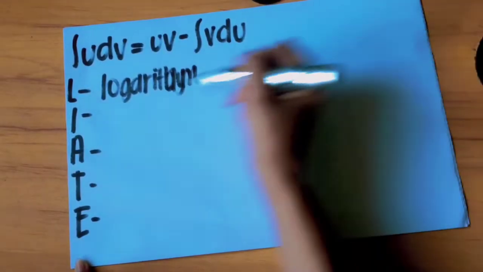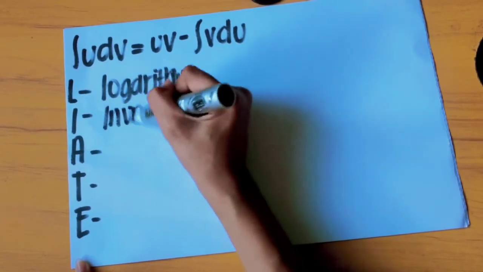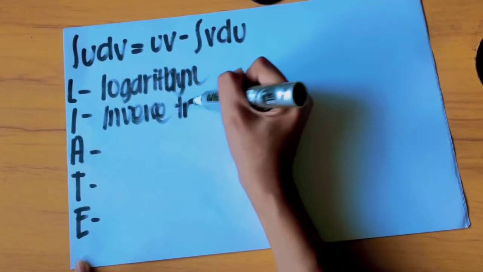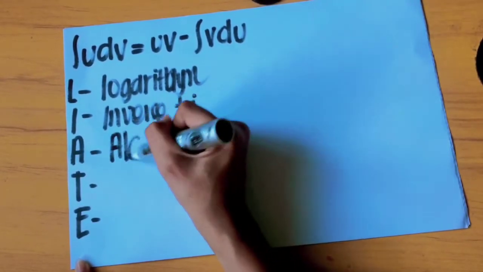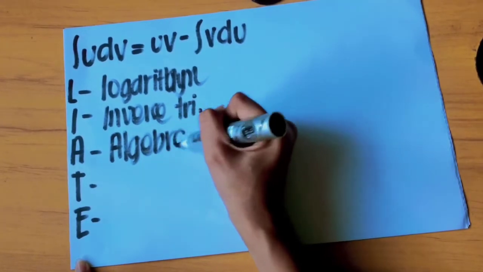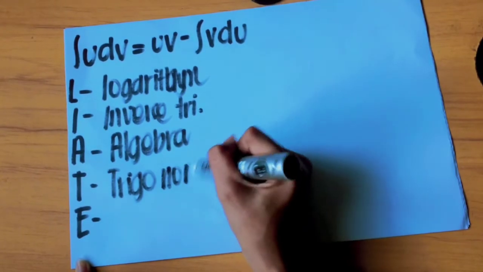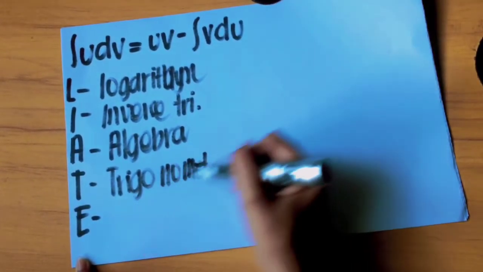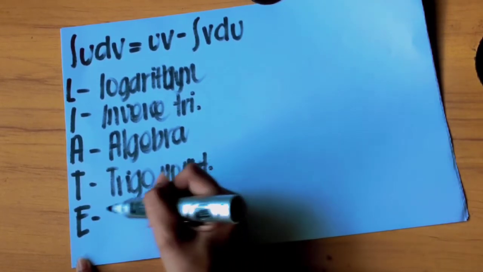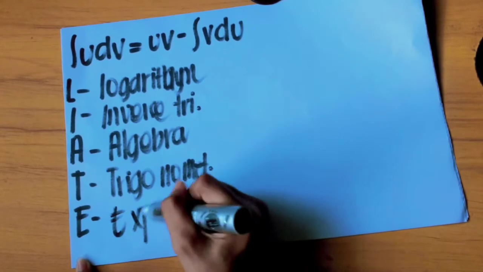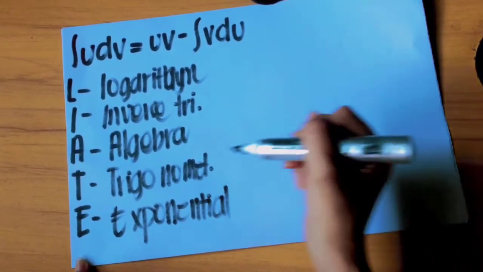I is inverse trigo. A is algebra. T is trigonometric. Then E is exponential.